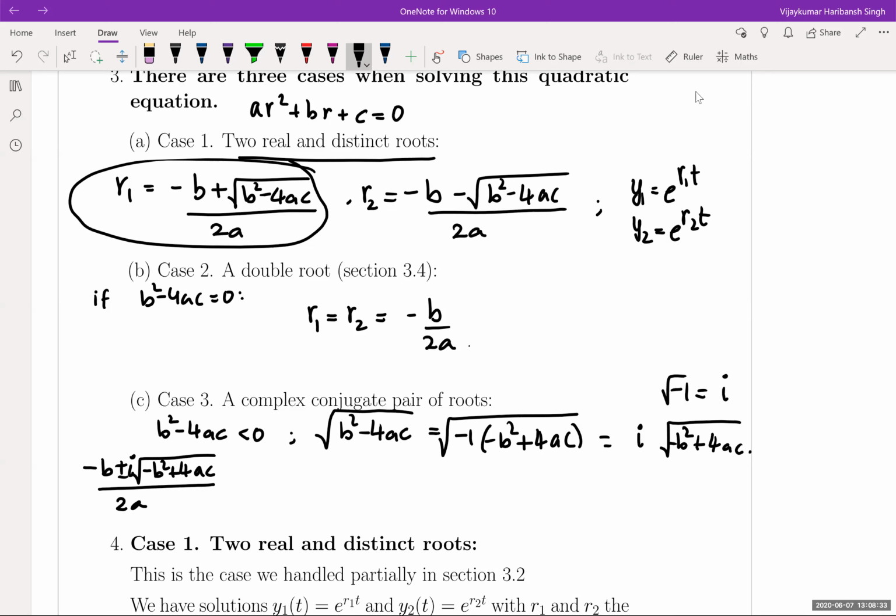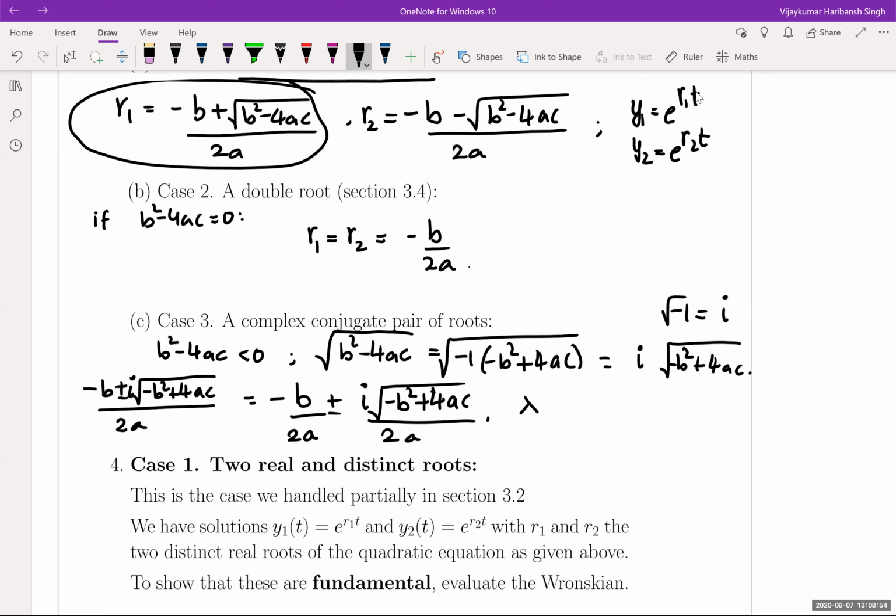Now we want to separate it into two parts, the real part and the imaginary part. So for the sake of brevity, write lambda equals minus b over 2a and mu equals square root of 4ac minus b squared over 2a.